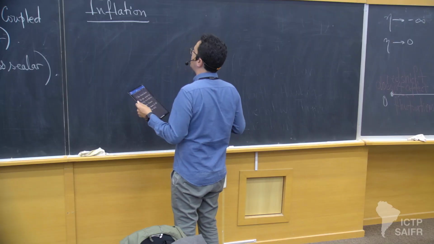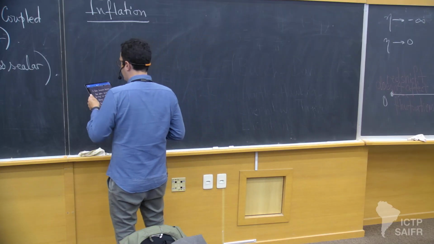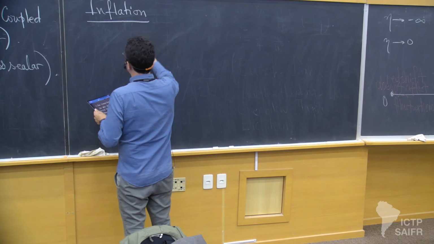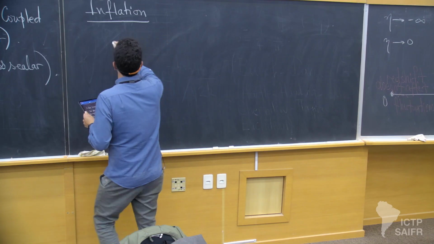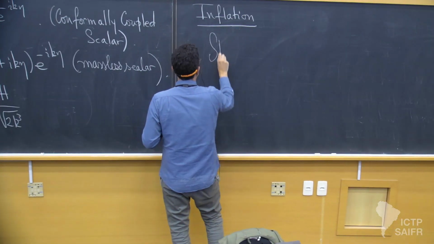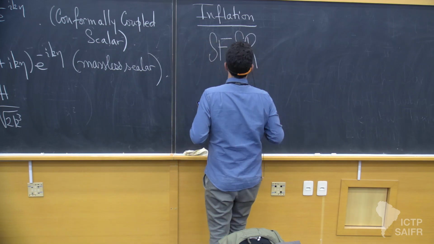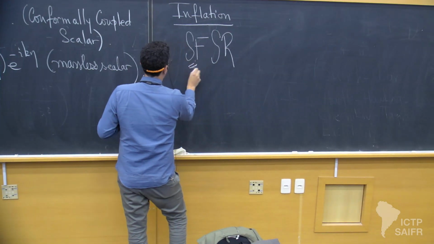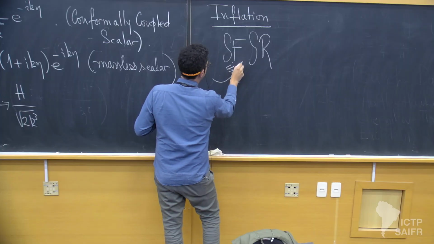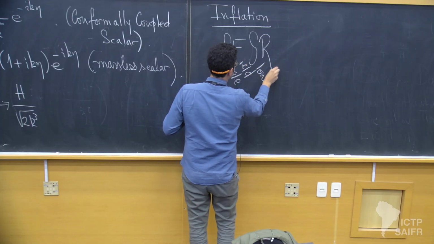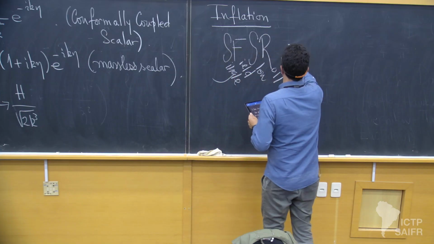You just introduce some order parameter that does that for you. And the benchmark example, the simplest model of inflation, is something that is called single field slow roll inflation, okay?